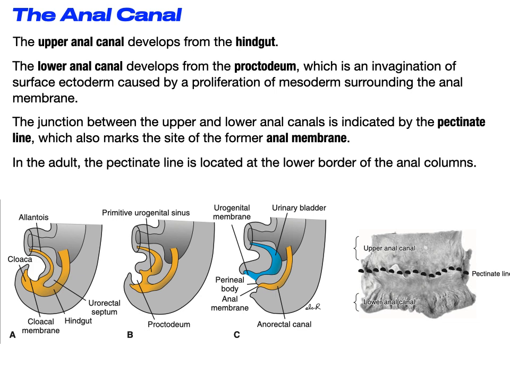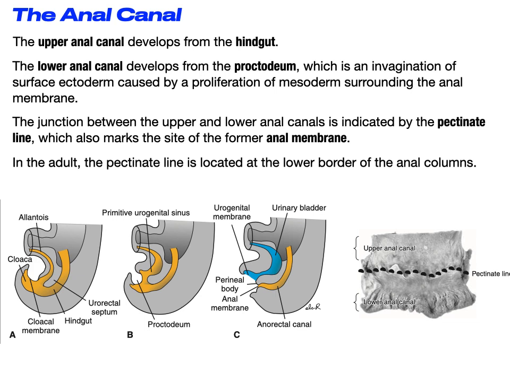The junction between the upper and lower canal is marked by the pectinate line, which is the spot where the anal membrane was inserted before disappearing.